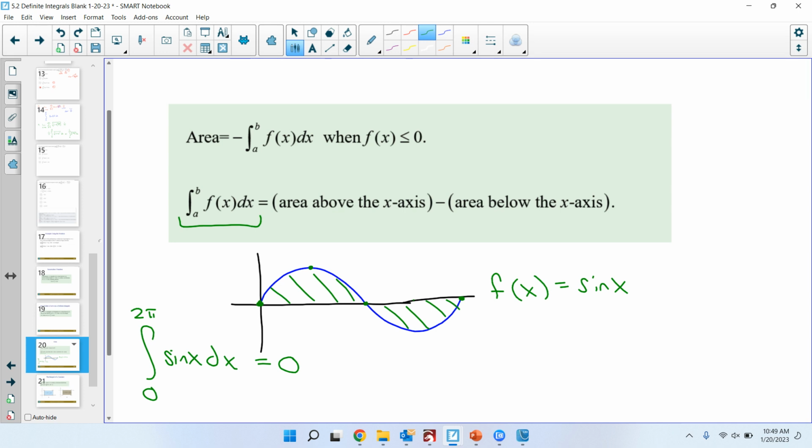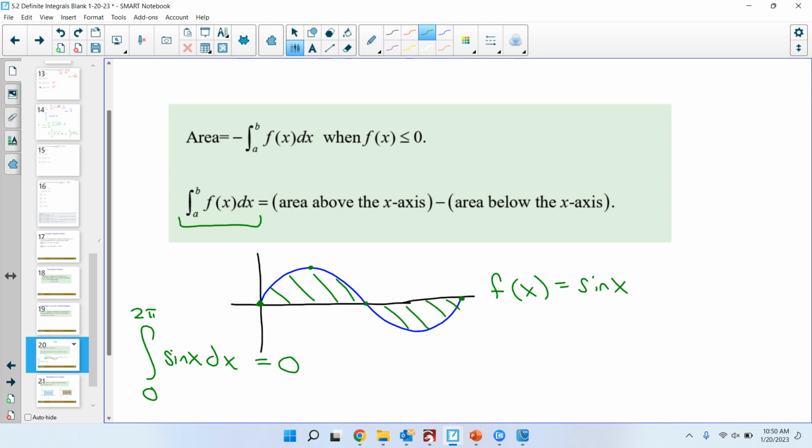Here's what I'm talking about. We've done velocity time graphs here in Calc, but how many of you did velocity time graphs in physics where you're talking about motion on the line, right? Okay, so if I'm moving, my only options are on a number line. If I'm moving to the right, my velocity is positive. If I stop, my velocity is 0. If I'm going to the left, my velocity is negative.